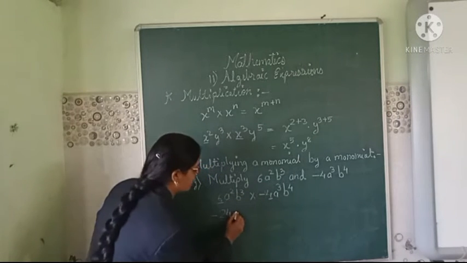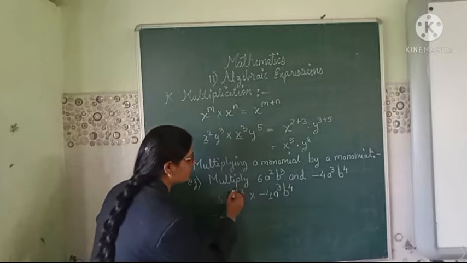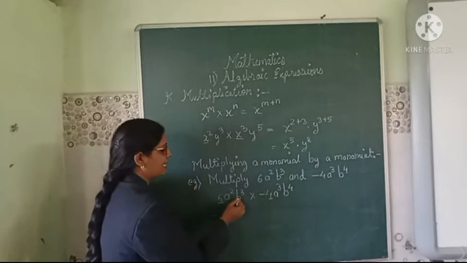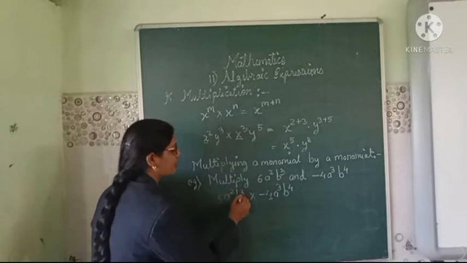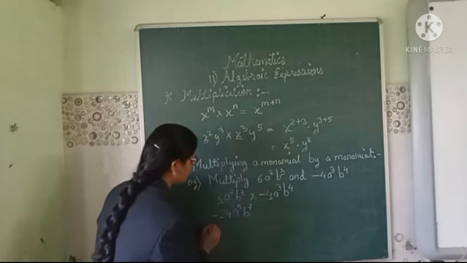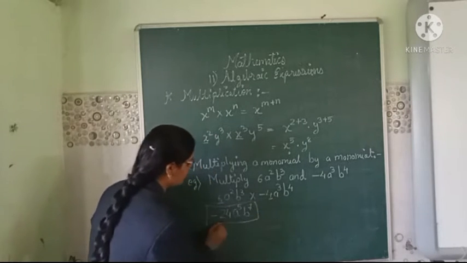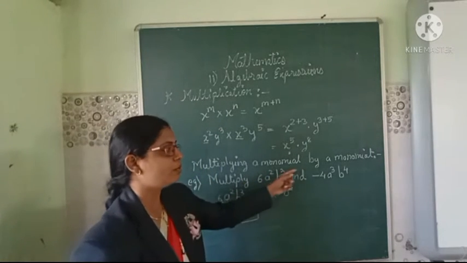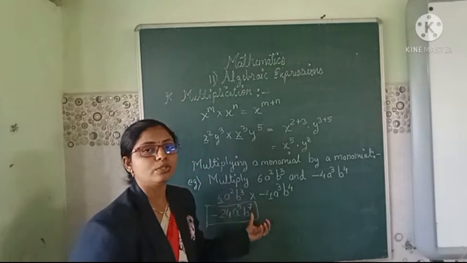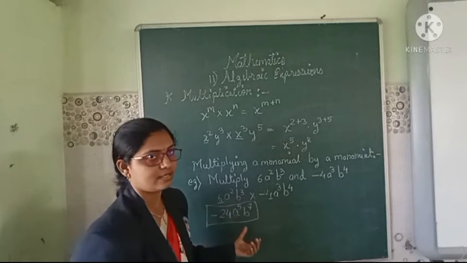So a raised to 2 plus 3 will be 5. Then b raised to 3 plus 4 will be 7. So this is our answer for the multiplication of monomial by monomial. In this way, you have to go through the examples and solve them.